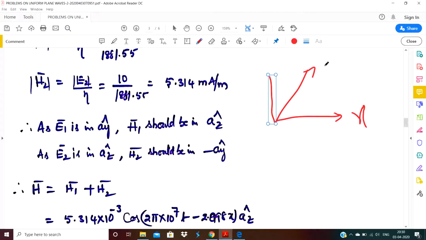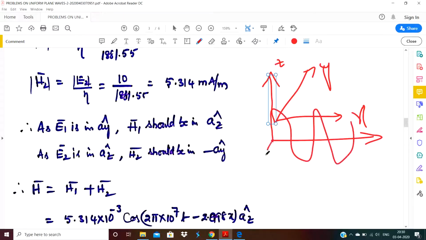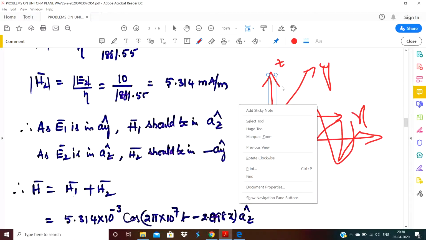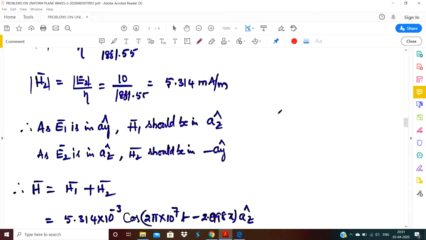If it is x, this would become y, and this would become z. The wave is already propagating along the x direction, so in this way, one is the z component, another one is the y component horizontally. Based on that, we will discuss in terms of two different colors.